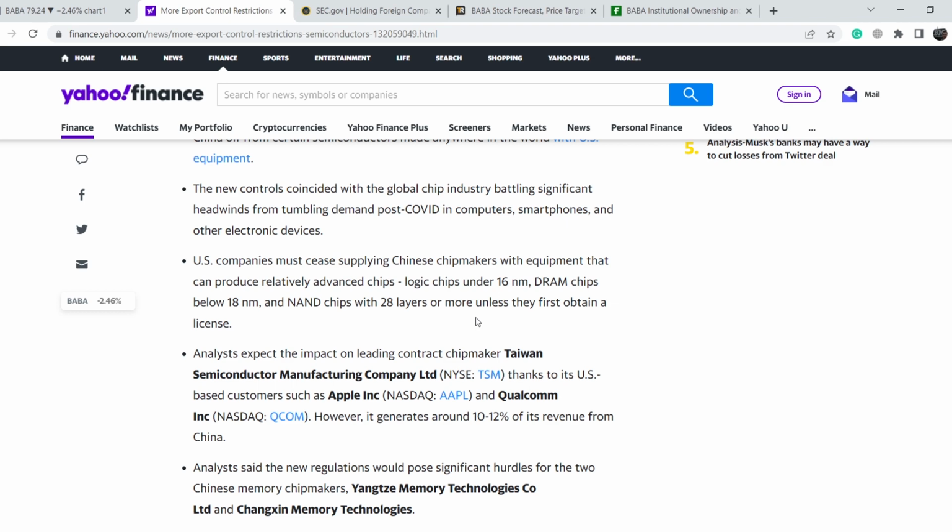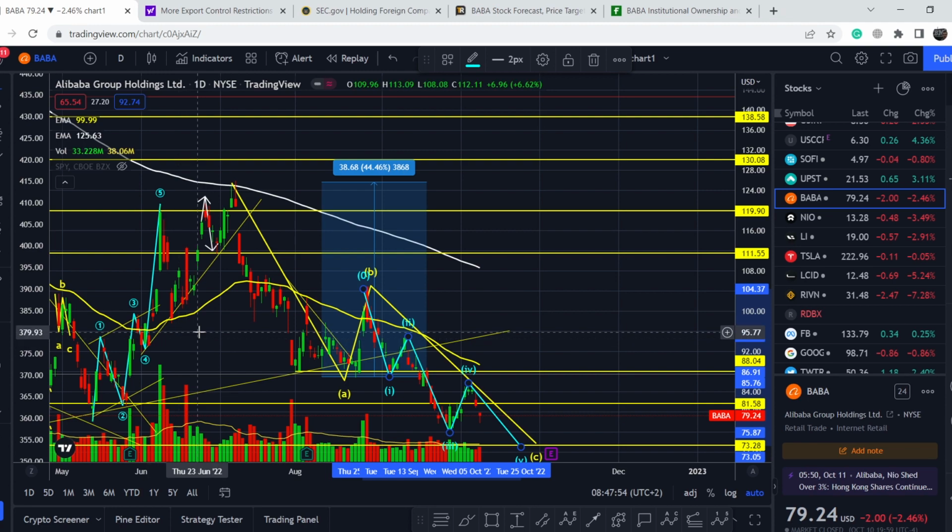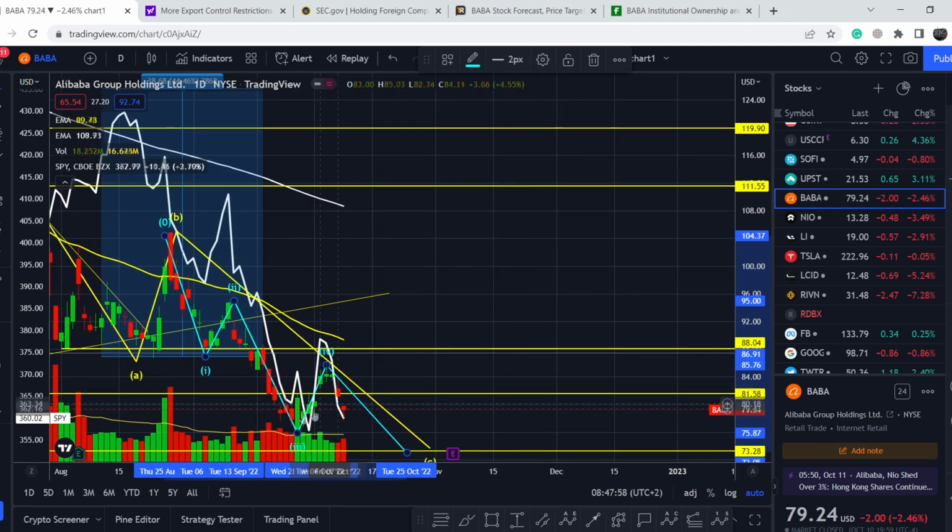And I have to say that probably it is not the real bear case for Alibaba, at least for Alibaba, because, let me show you right here, if I add the price action of the SPY index on this price chart, as you can see, this movement to the upside and this decrease in the price of Alibaba coincides with the SPY price action. And this means we have a general market sentiment that drove the price of other companies lower.